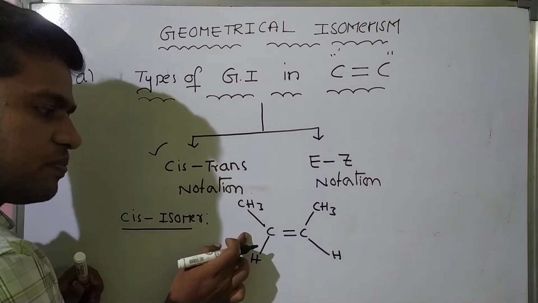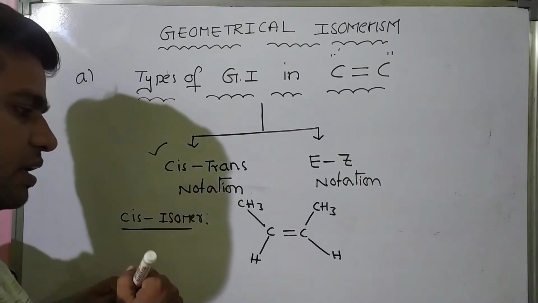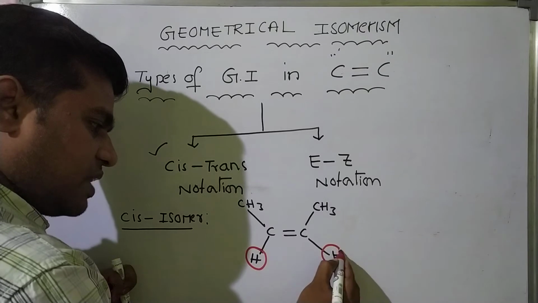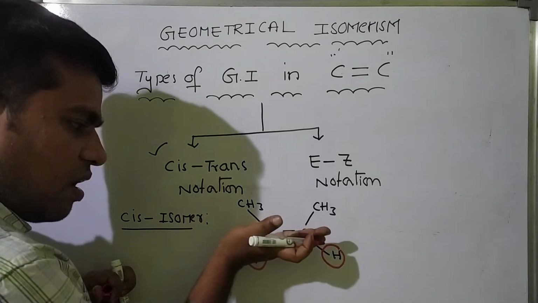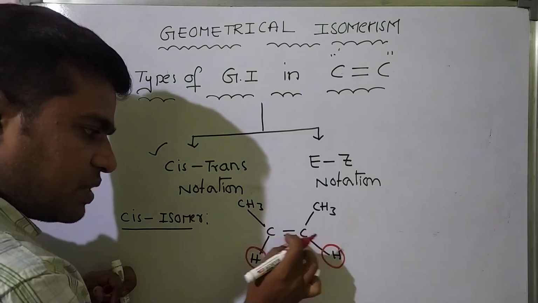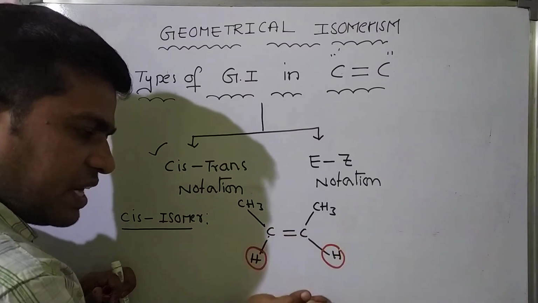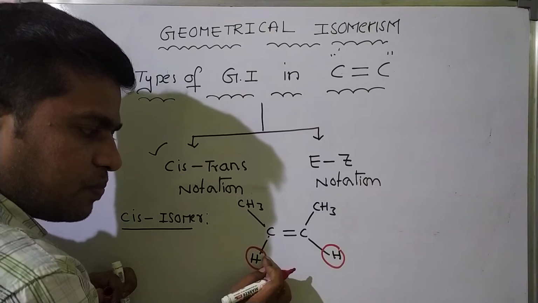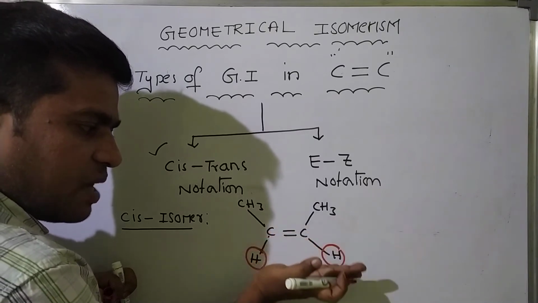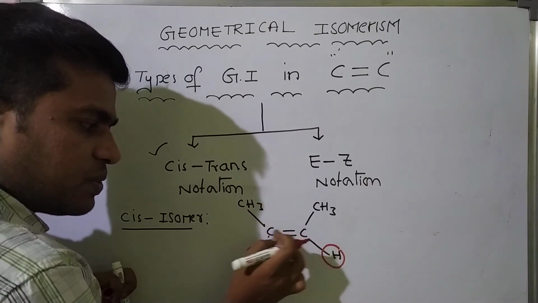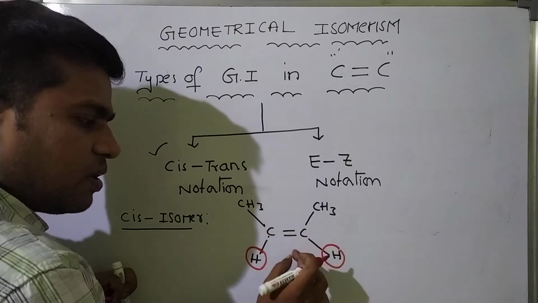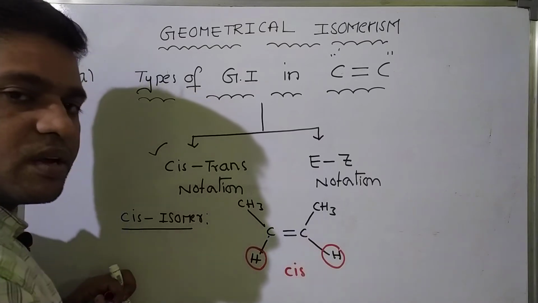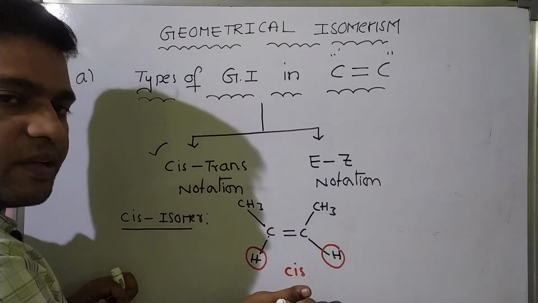See students, here this hydrogen atom and this hydrogen atom are present on one side with respect to this carbon-carbon double bond, means same side. If two equal groups are present on the same side with respect to the carbon-carbon double bond, that isomer is called cis isomer. Cis means same side.